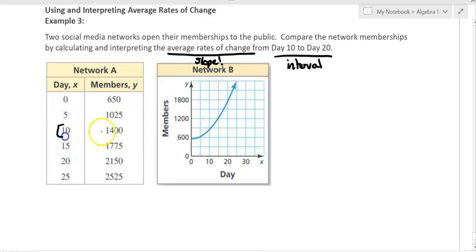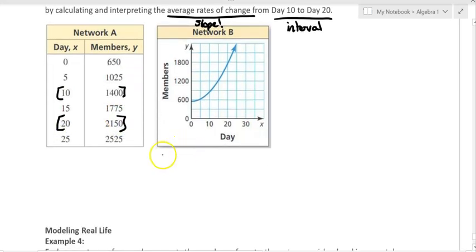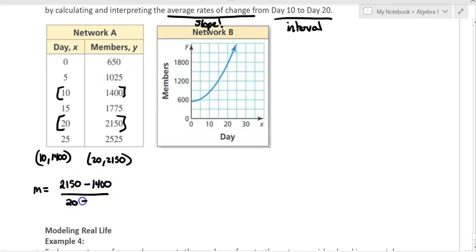So if I go day 10 to day 20, I have these 2 points on network A: (10, 1400) and (20, 2150). So I want to find the slope. Remember, I do y2 minus y1 over x2 minus x1. So I end up with 75.